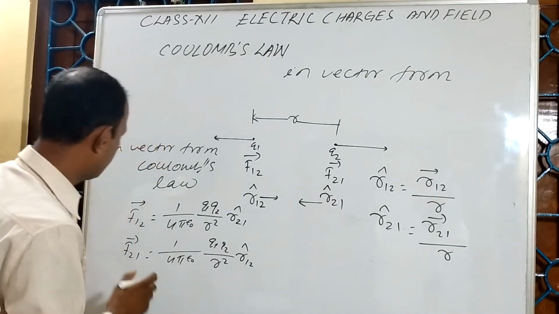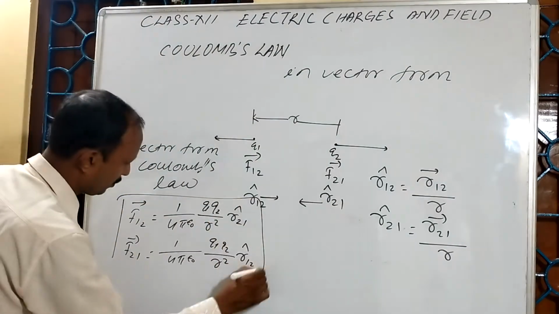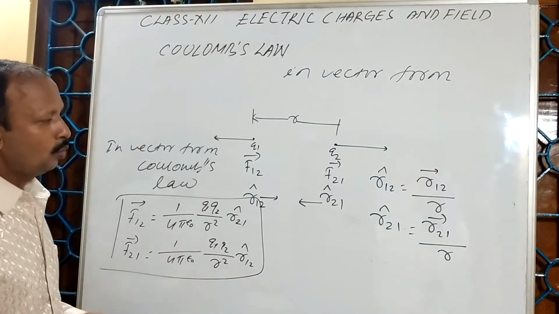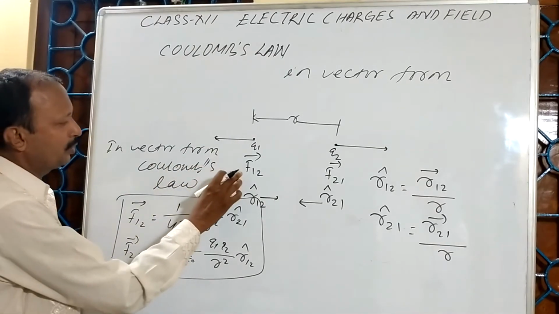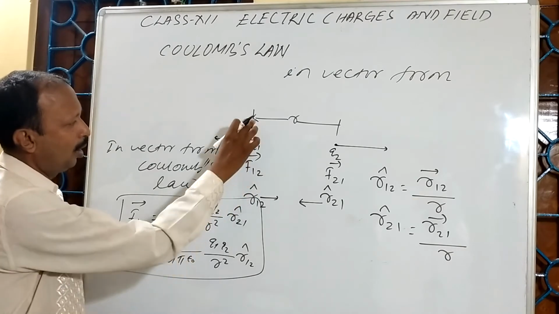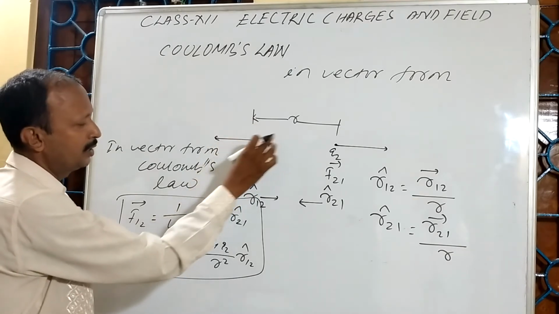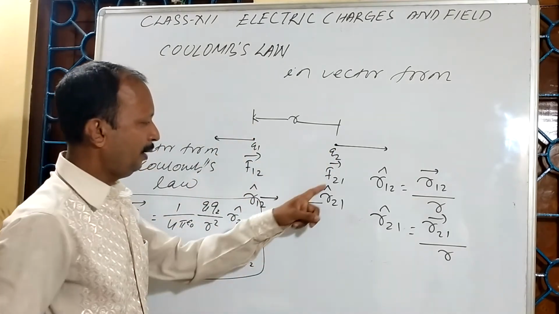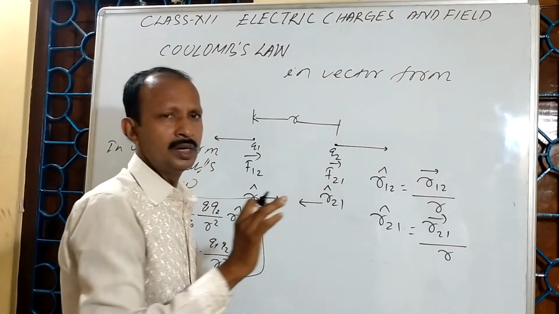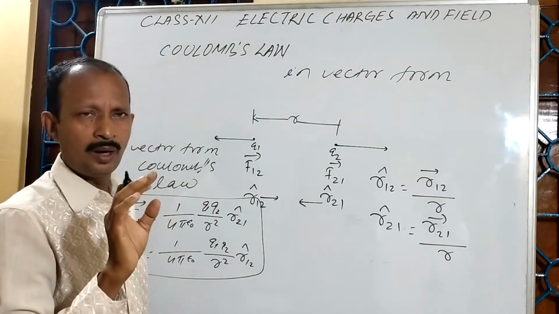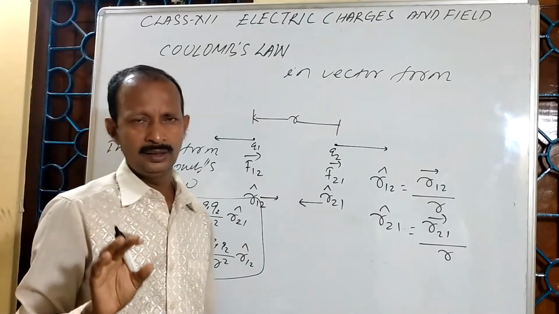So this is the vector form of Coulomb's law. Here F12 represents force on charge Q1 due to Q2. F21 represents force on charge Q2 due to charge Q1.